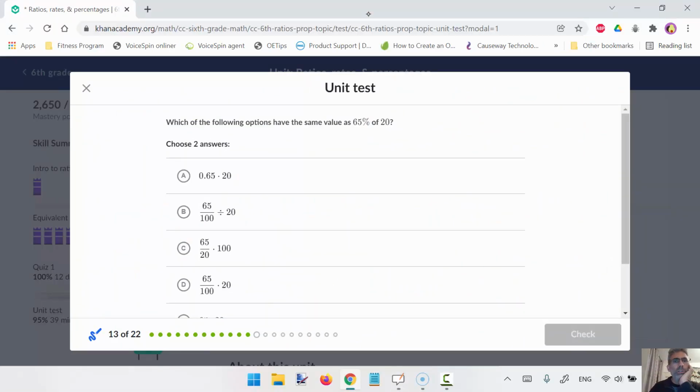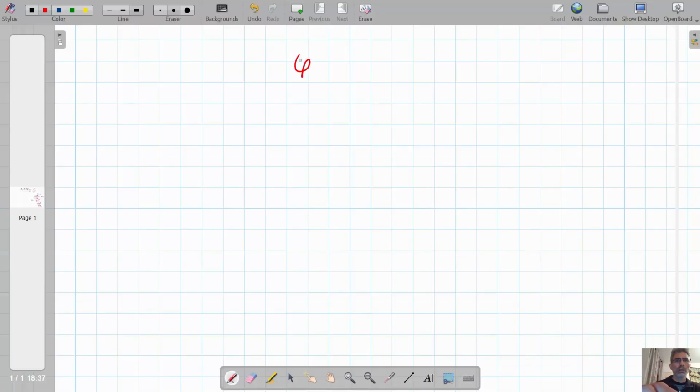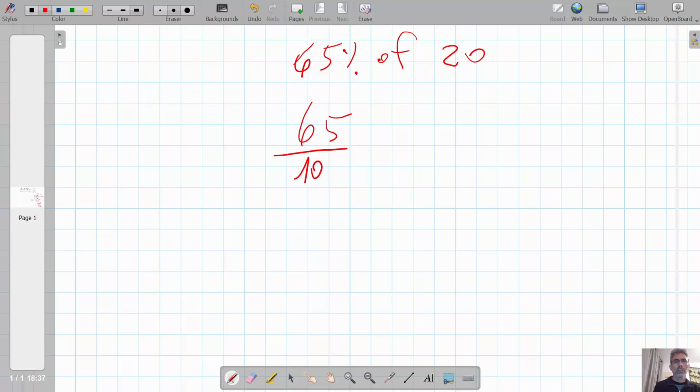Which of the following options have the same value as 65% of 20? Okay, 65% of 20. It's like 6,500 of 20. And it can also be written as 0.65 times 20.